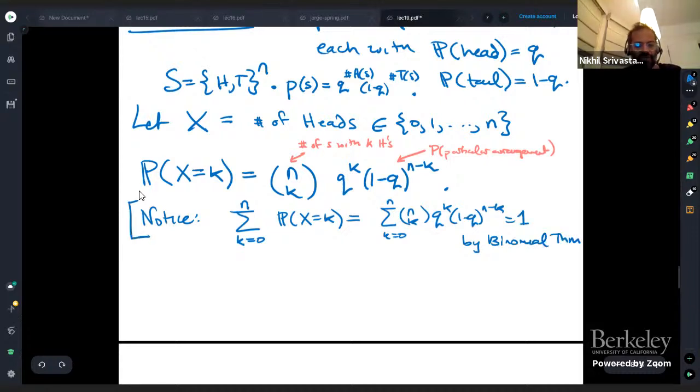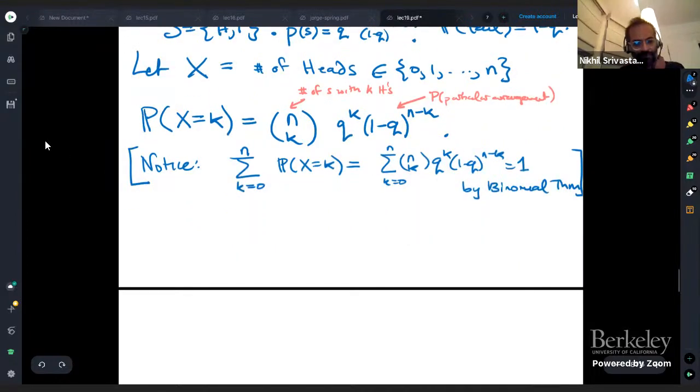Okay, so good sanity check. Because after all, the random variable always has some value, and so the sum of these things had better be equal to 1, because these events exhaust the space. Okay, so now let's calculate the expected value.